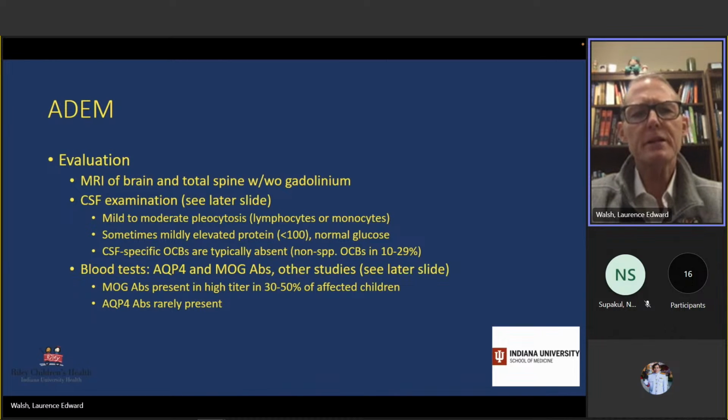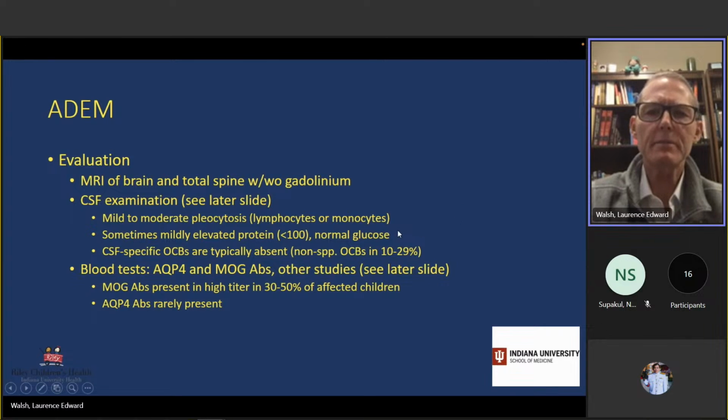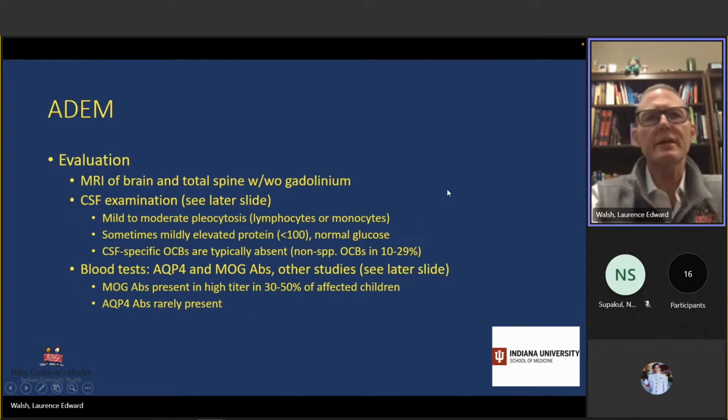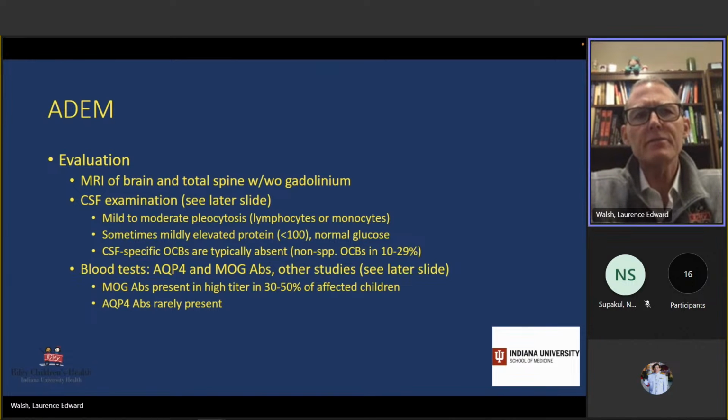We expect to see probably a few more white cells, but sometimes it's completely benign looking spinal fluid, elevated protein. Unlike some things like TB or cancer, glucose is going to be normal. Usually we don't see OCBs. You can see non-specific ones, so that just means that we look for MS, we look for intrathecally or CSF unique oligoclonal bands.